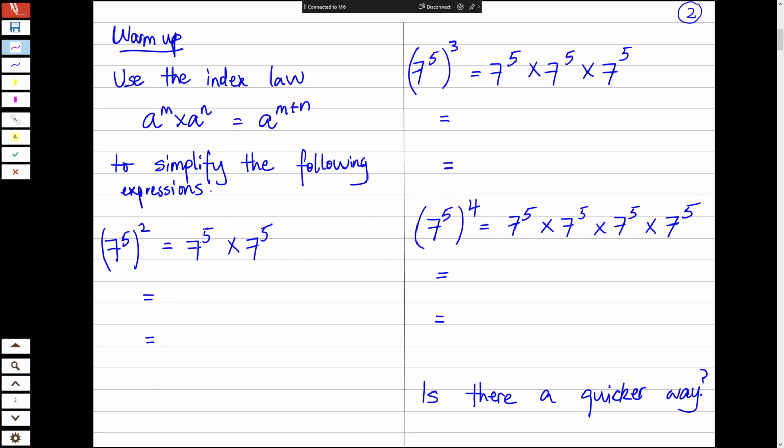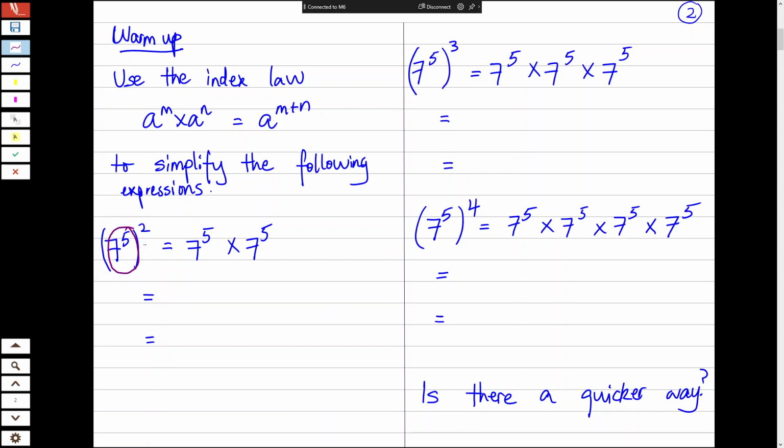All right, let's take a look at this first example here. So here, in this box, I've got 7 to the power of 5 written inside brackets. And then I've got a little 2 outside the brackets. So based on your work on 2a and 2b, you should understand that I take whatever is in the brackets and I square it.